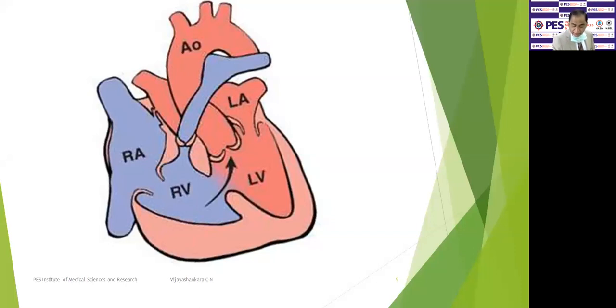The blood from the left atrium, which receives the oxygenated blood from the lung, will come into the left ventricle and also flows. The mixing of blood occurs in the aorta. So the aortic flow will be deoxygenated. It is a mixed blood in the aorta, which goes into all the other areas.